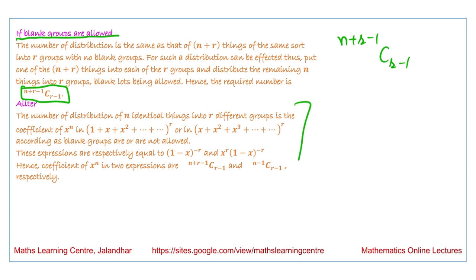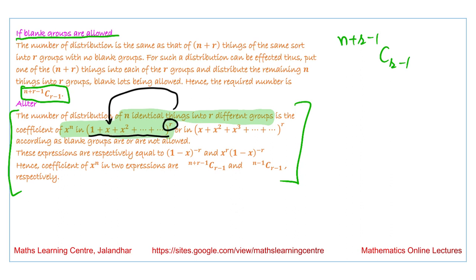Another way of solving this is that the number of distributions of n identical things into r groups is the coefficient of x raised to the power n. Finding this is equivalent to finding the coefficient of x raised to the power n in the expansion of (1 plus x plus x square plus so on) raised to the power r, or in (x plus x square plus x cube and so on) raised to the power r, accordingly as blank groups are allowed or not allowed.